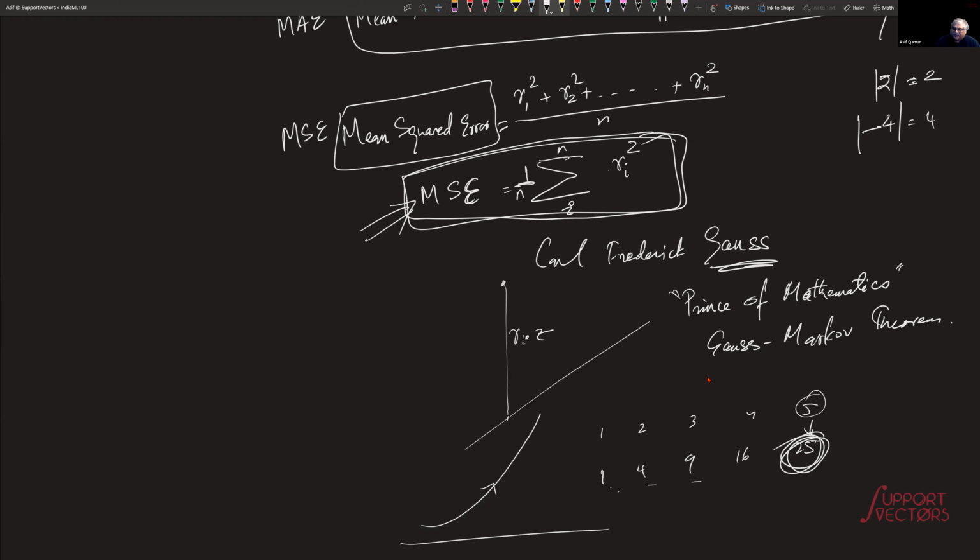So the penalty from points that are far from the line is very, very severe. And it turns out that that is a good thing to do. You don't want to penalize small mistakes because you know that small mistakes come simply from the noise in the data. But large mistakes come because maybe the model is incorrect. It's not listening to the data properly. So that's the basic idea, that you want to go after the big mistakes.